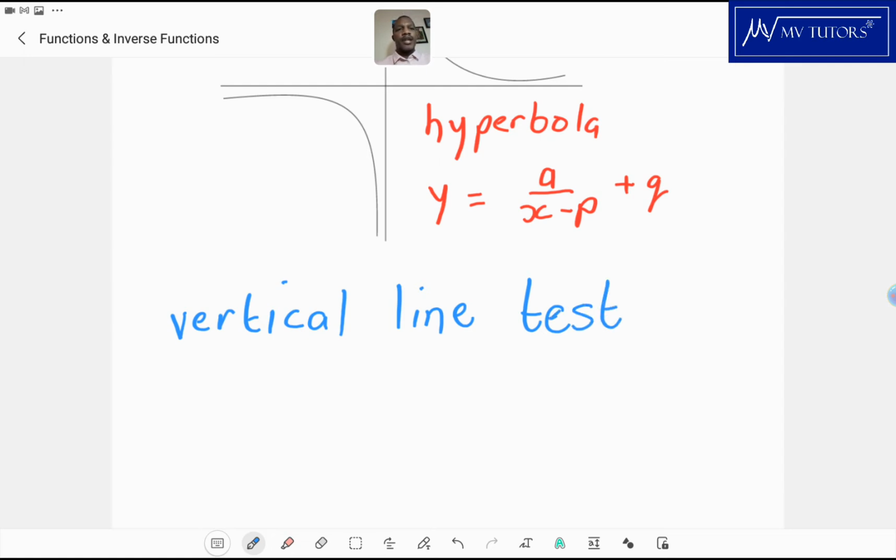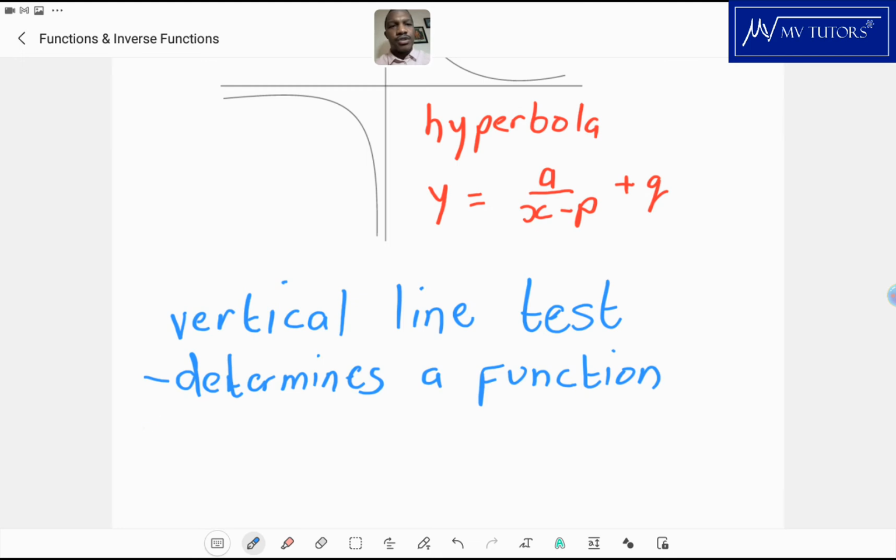Now, the vertical line test determines if something is a function. And for something to be a function, it needs to cross once.